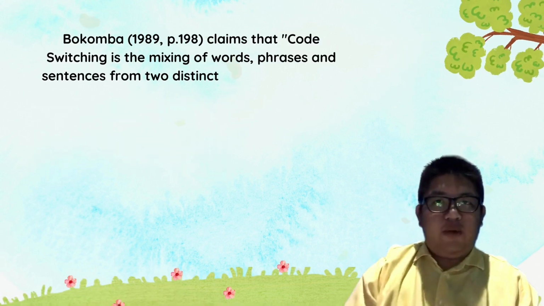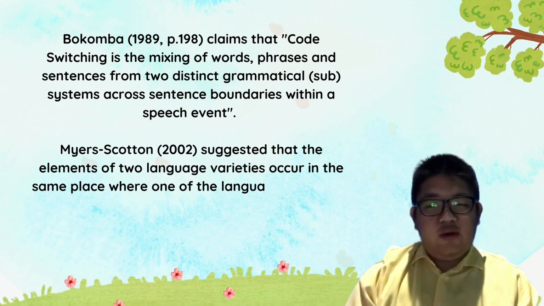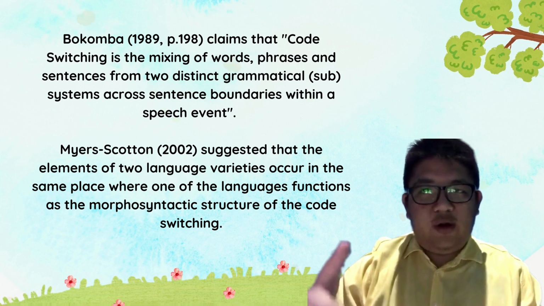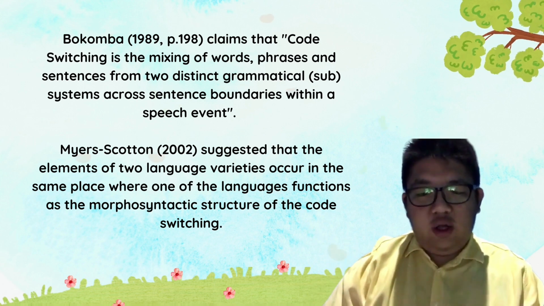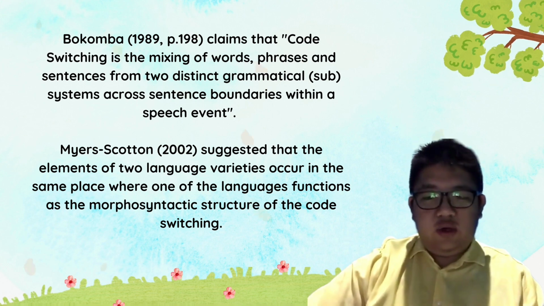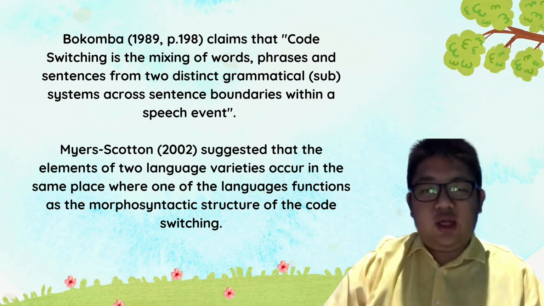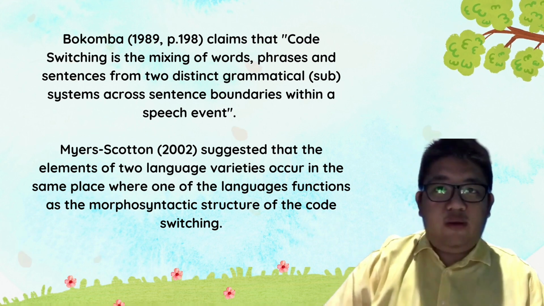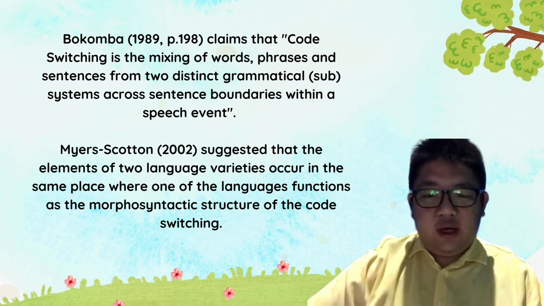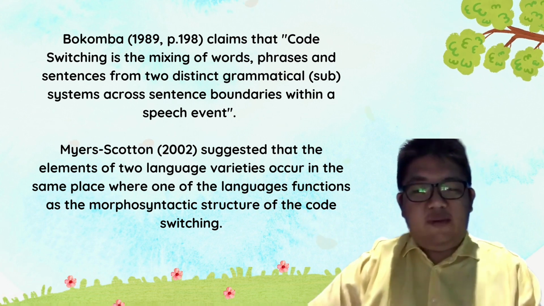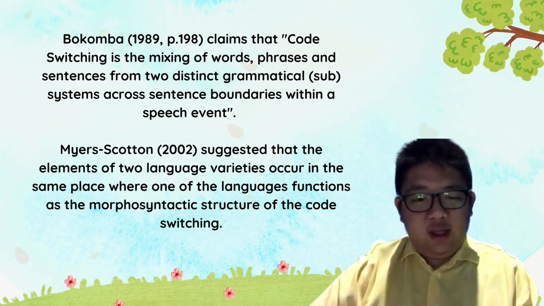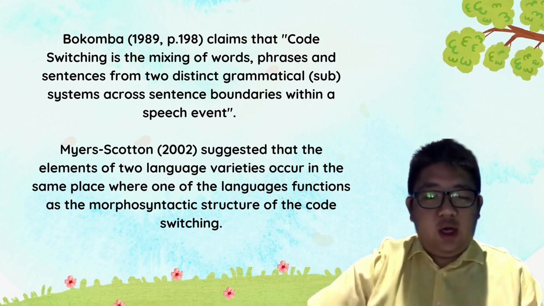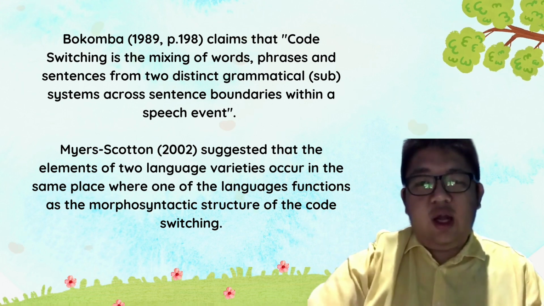Now, for the next topic, we have the characteristics of code switching. The first characteristic is that code switching occurs when two languages are used in the same sentence. The second one is that in an earlier study, Bokamba in 1989 claims that code switching is the mixing of words, phrases, and sentences from distinct grammatical systems across sentence boundaries within a speech event.